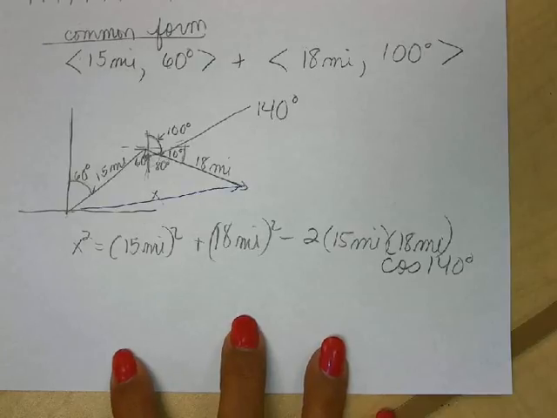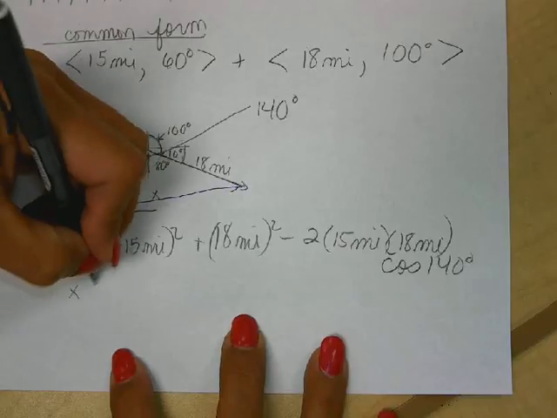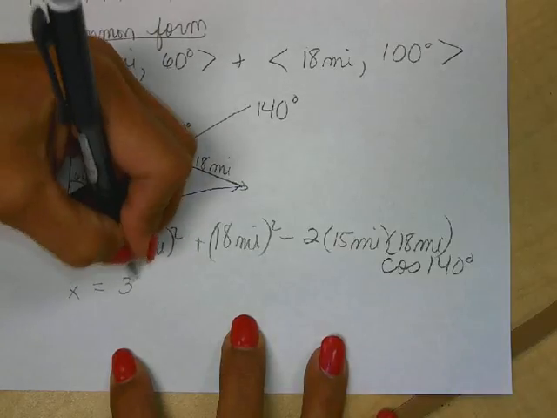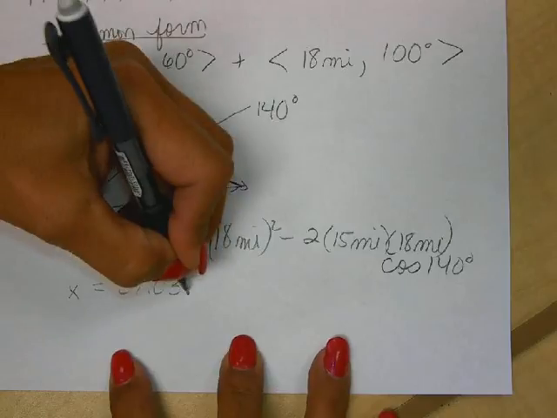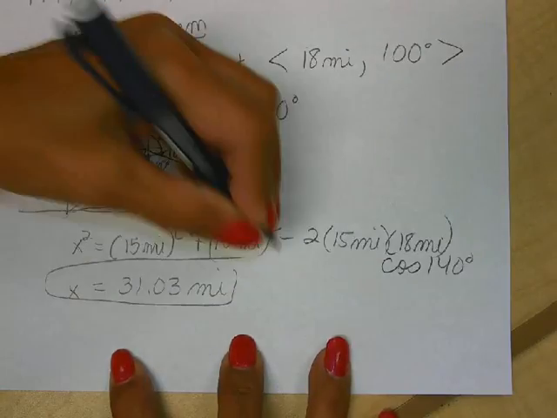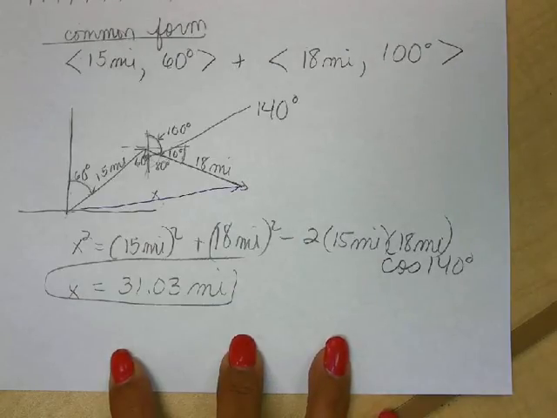Check the mode on your calculator. I've got mine here off to the side. And a little quick calculation. Double check, make sure you type things in properly before you hit enter. Looks like I have. And I'll square root that answer to find the x length. So I have the magnitude is 31.03 miles. And that's rounded off.